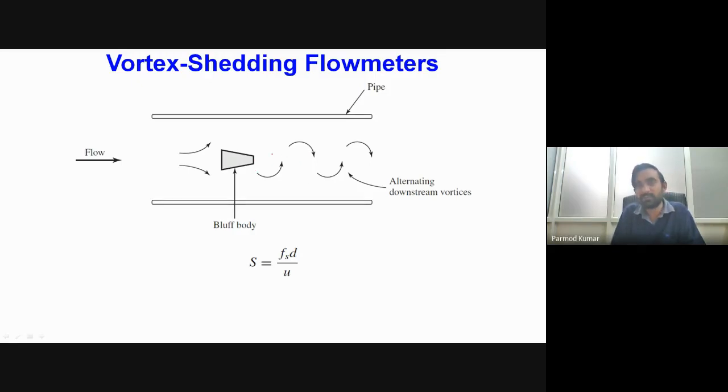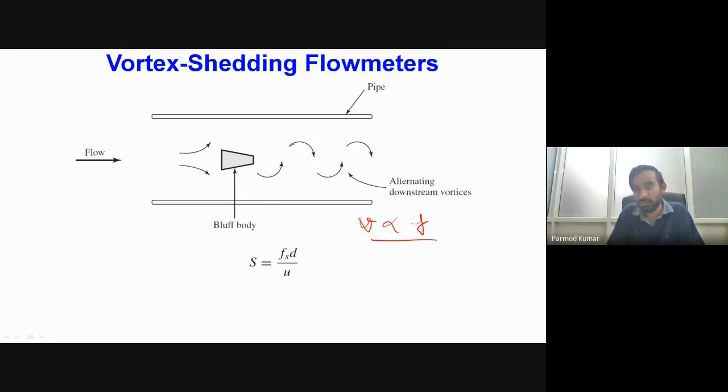So we will be actually determining the frequency of these vortex structures, and that frequency of the vortex structures is nothing but proportional to the local velocity of the flow. Okay, so local velocity of the flow is proportional to frequency of these vortices which are forming over here.